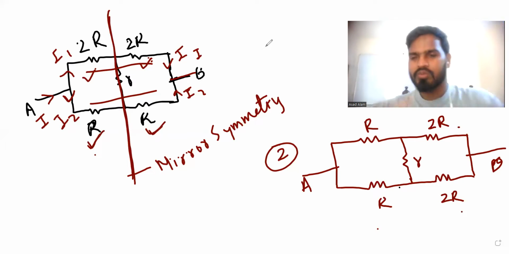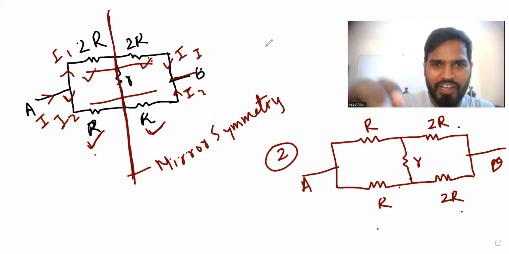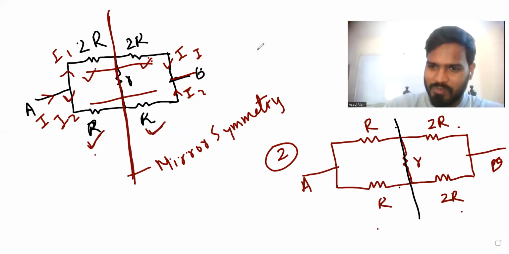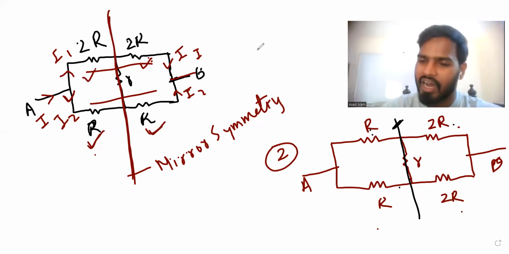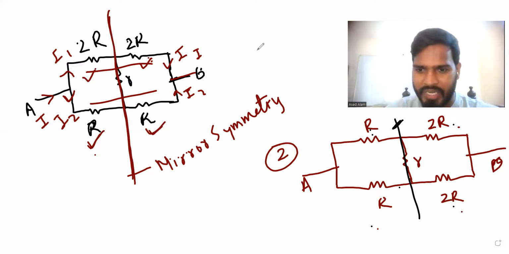If you keep a mirror, not red color now, let's take black color, if you put this black color mirror, it is not going to be the same. This is R, so this is 2R; R, 2R. No, it is not a mirror symmetry.